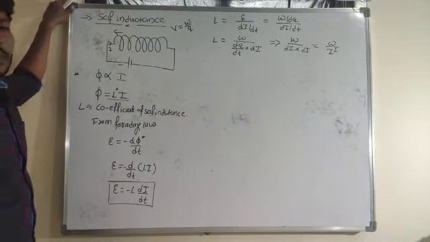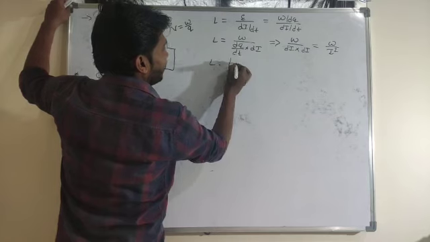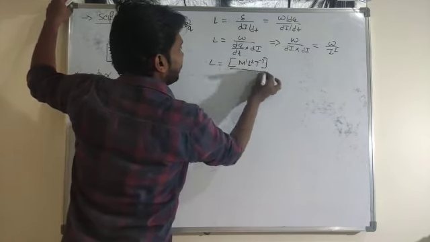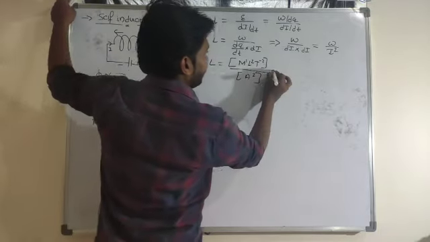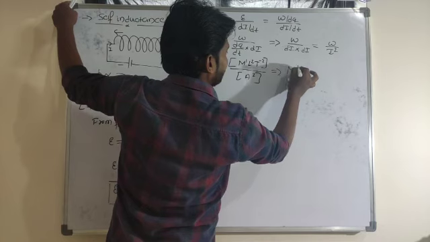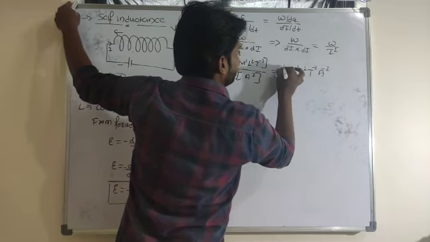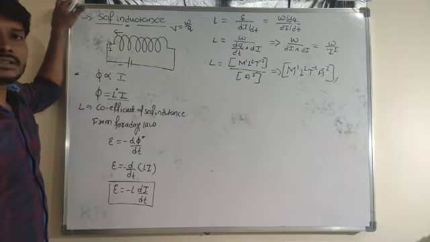So L is equal to work divided by current square. Work dimensional formula is M L square T to the power of minus 2, and current is in terms of ampere. So the dimensional formula is M L square T to the power of minus 2 A to the power of minus 2. So this is about self inductance.